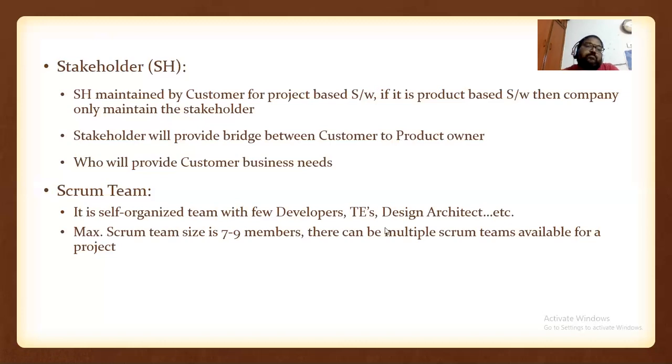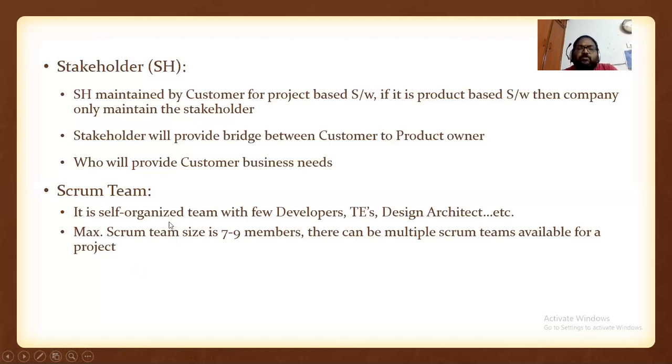The Scrum team size is going to be 7 to 9 members. There can be multiple Scrum teams available for a project, but only one Scrum team develops the application, no. It is developed by them.